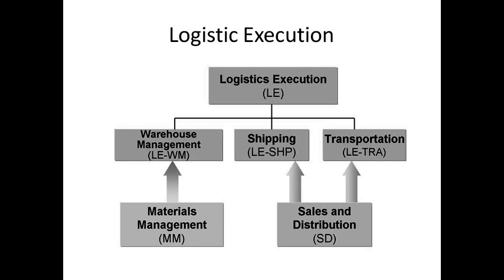Normally the process happens like this: whenever we confirm the material to be sent, the vendor will update his particular ship dates, the ETAs, and the mode of transport. All this is updated in advance. Then he sends an ASN, an advanced shipping notification.